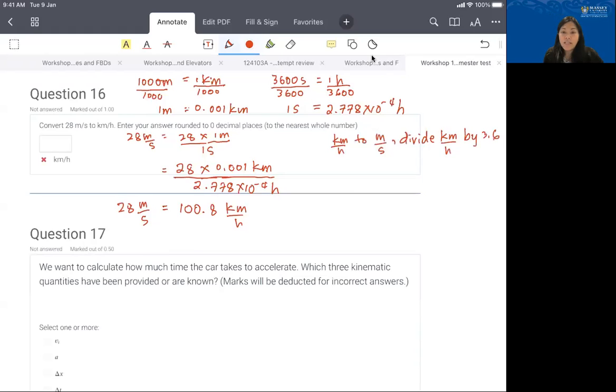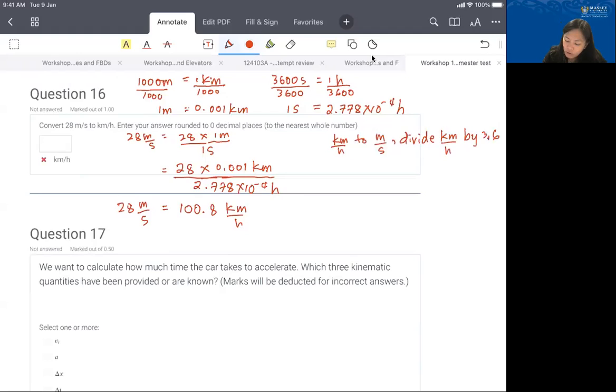That's the shortcut. 3.6 comes from the conversion factor: 1 hour is 3,600 seconds, and 1 kilometer is 1,000 meters. If you divide 3,600 by 1,000, that will give you 3.6. So that's where 3.6 came from, and that's the shortcut you can use.